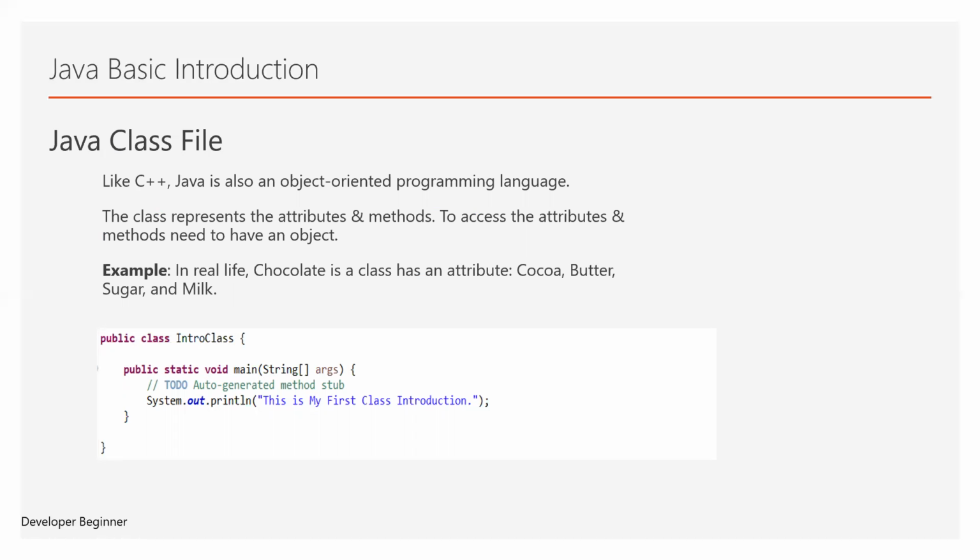To access them, we need to have an object. In a real example, chocolate is one type of class which has attributes like cocoa, butter, sugar, milk, etc. Let's see how to create a Java project and class in Eclipse.